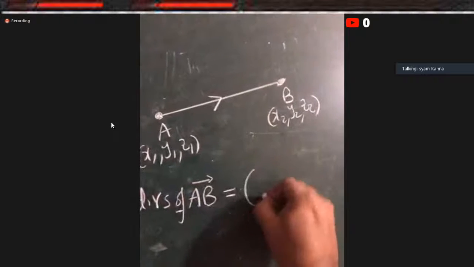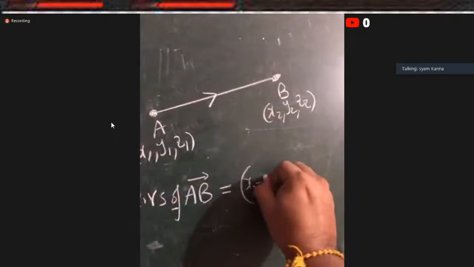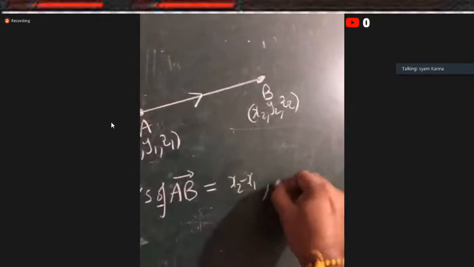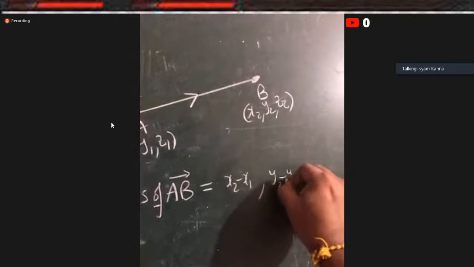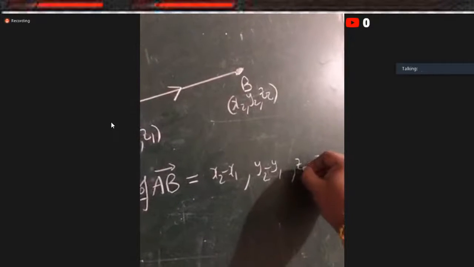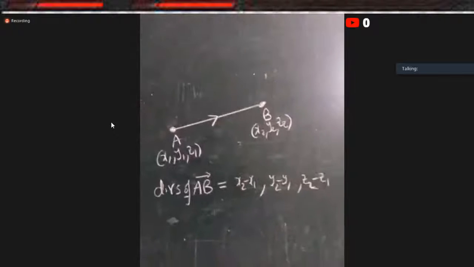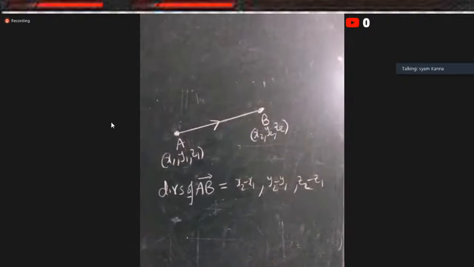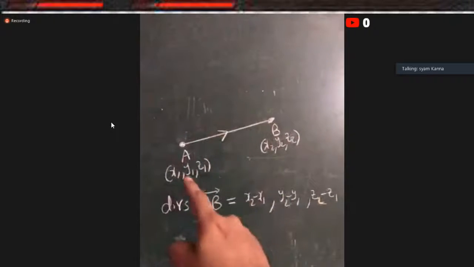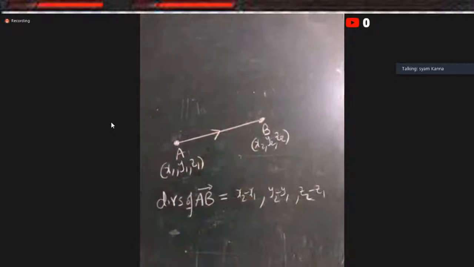You have to subtract like that: x2 minus x1, y2 minus y1, z2 minus z1. You have to take the difference.